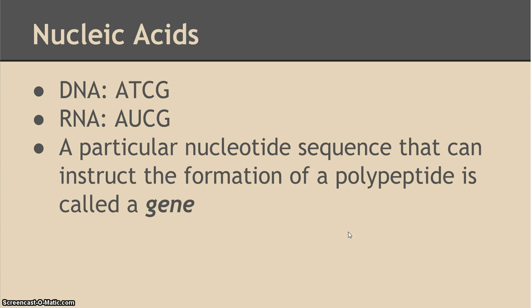So this is the biggest part of what makes us us. This is what instructs what is going on with us. This is how we know who we are because of this DNA. So let's go ahead and move forward and talk a little bit more about these nucleic acids.